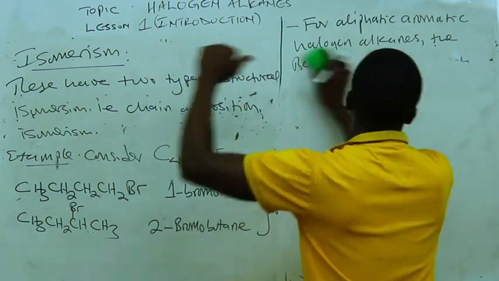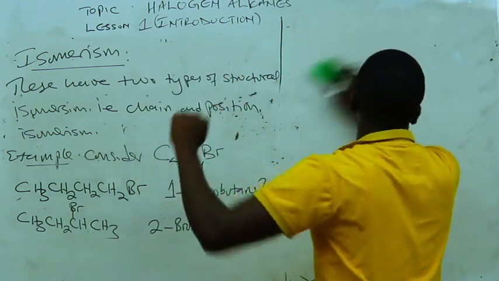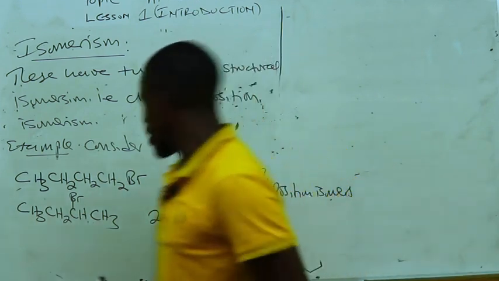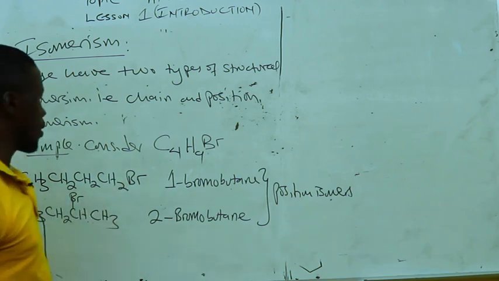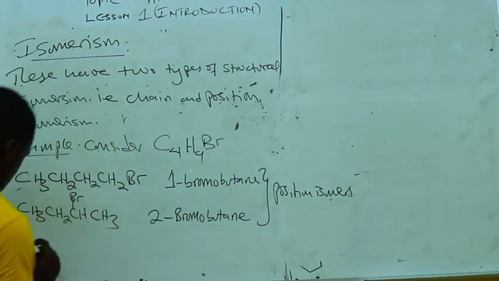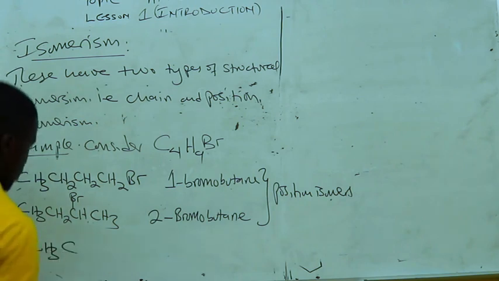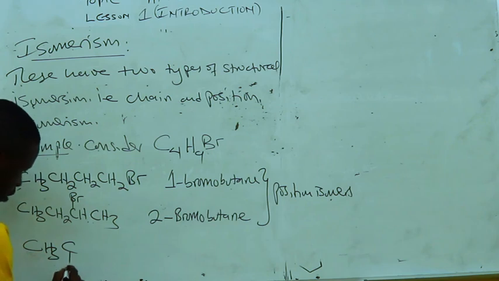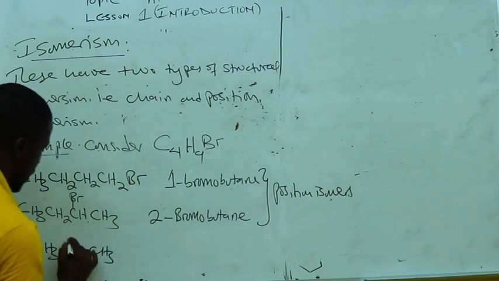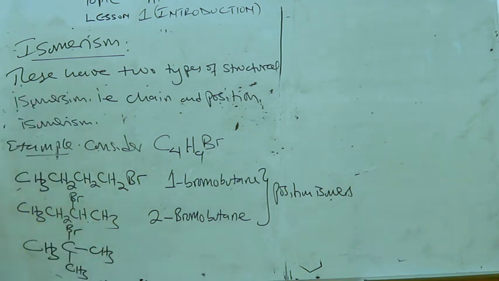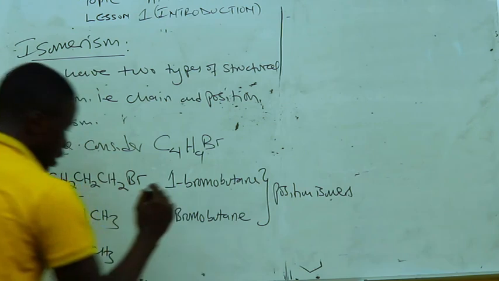Now, it is possible to further get another isomer here by simply looking at the arrangement of the carbon atoms. Instead of 4 carbon atoms in a straight chain, we would put 3 and create a branch. So we would have CH3C, we create a branch of CH3, continue with CH3, and then put bromine there. 3 carbon atoms in a straight chain, the main carbon chain, and there is a branch. But still the same number of carbon atoms, same number of hydrogen atoms and bromine. This compound is now a propane.